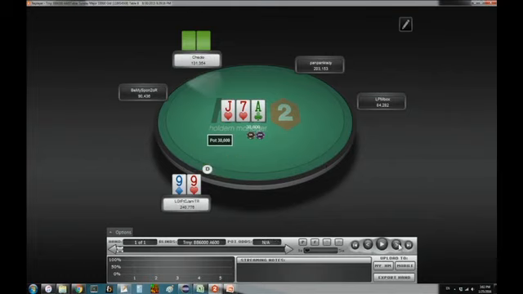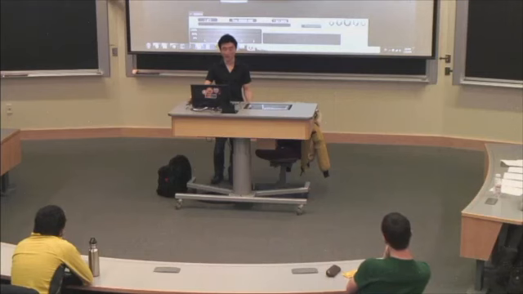That being said, if I do decide as part of my strategy to check any part of my range here, pocket nines might actually be one of the best possible hands to check back. So I think checking back would have been fine. I bet here because I told myself I want my strategy to be bet 100% of my hands, which I did, and he folds, which is reasonably smart because he knows I can bet again, and he's going to have to make a decision for all his chips probably, and it's just going to be tough.